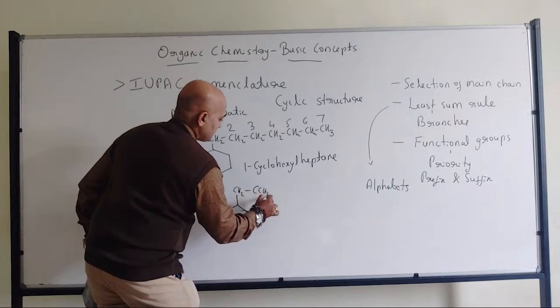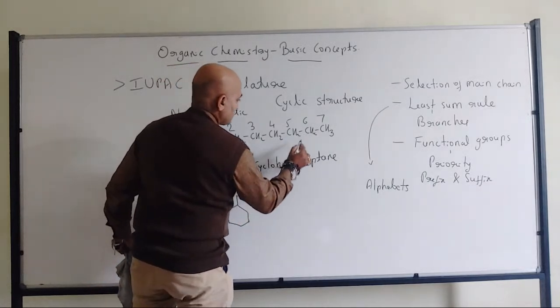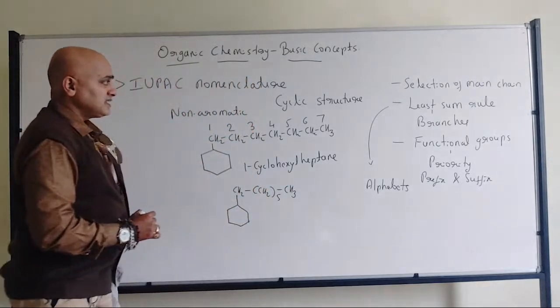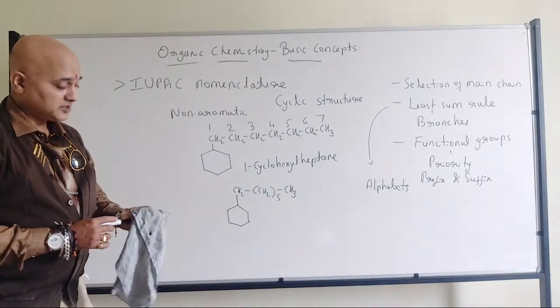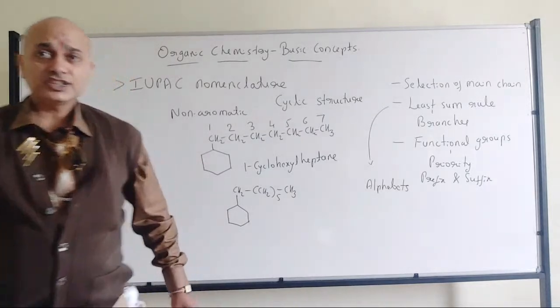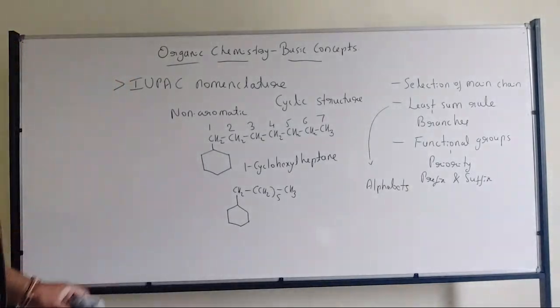Now if I want to write the condensed structure, I can write it as CH2, 5 times CH3. This is a much more condensed structure. Whatever I have written above is actually a condensed structure only, but what I wrote below is much more condensed.